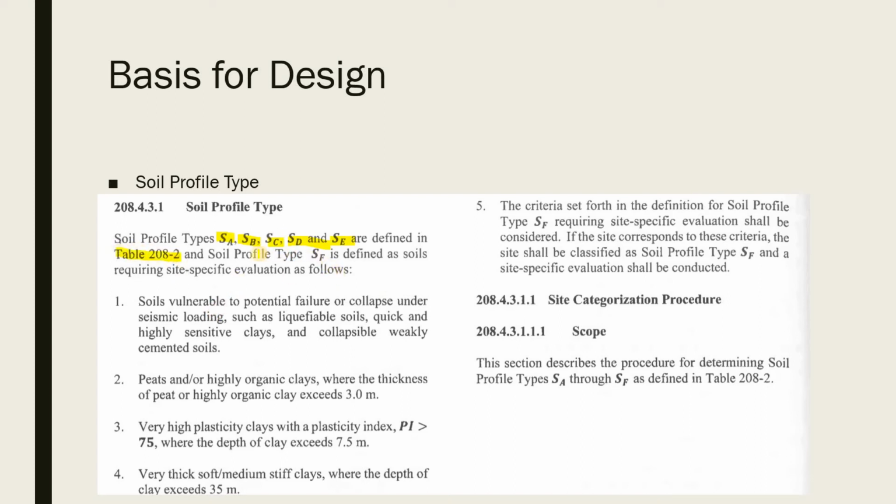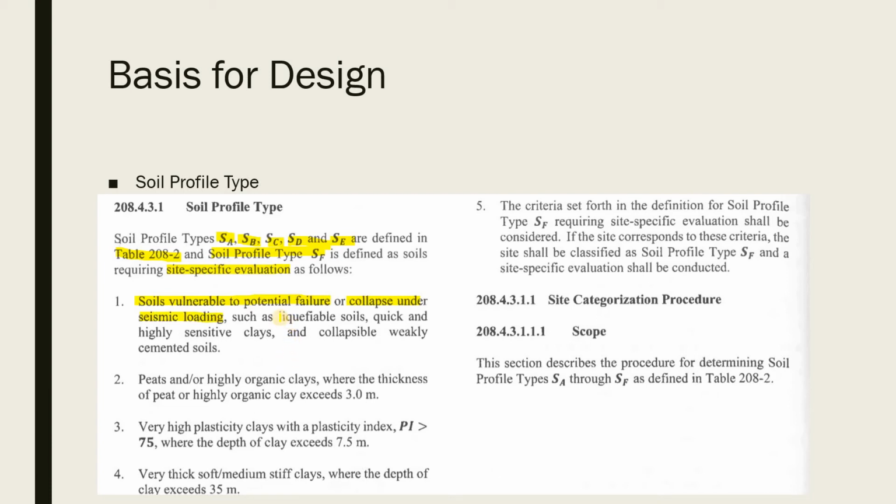But for soil profile type F, it is defined as soils requiring site-specific evaluation as follows. So, ano yung mga yan? Soils vulnerable to potential failure or collapse under seismic loading. Okay, paano ba natin malalaman?